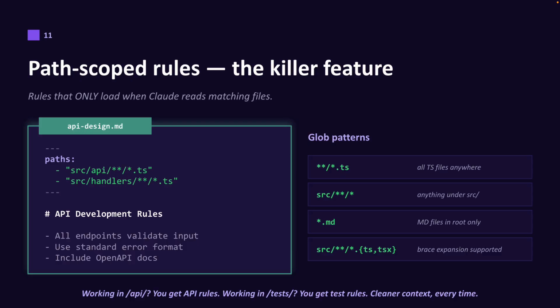Your test conventions only load when Claude reads test files. The patterns are standard globs, double star for recursion, brace expansion for multiple extensions, that works. Working in /api/, you get API rules. Working in /test/, you get the test rules. Cleaner context, smaller token footprint, more relevant guidance every single time.